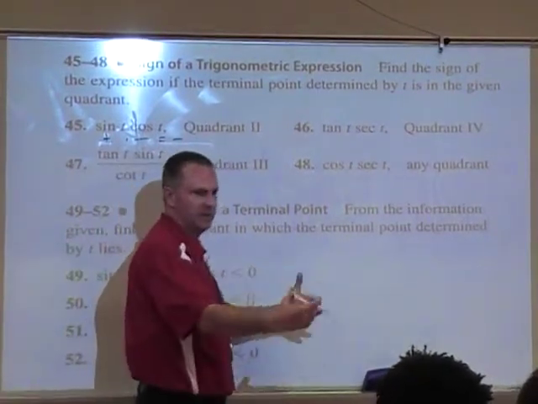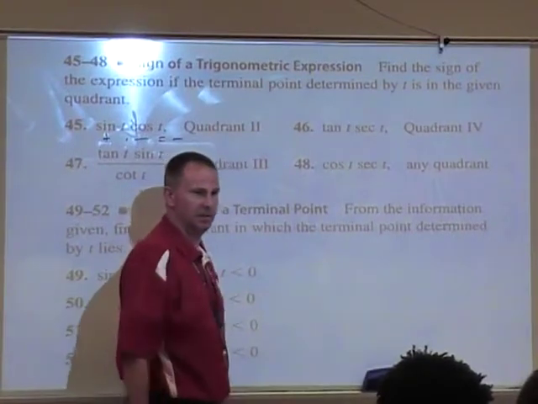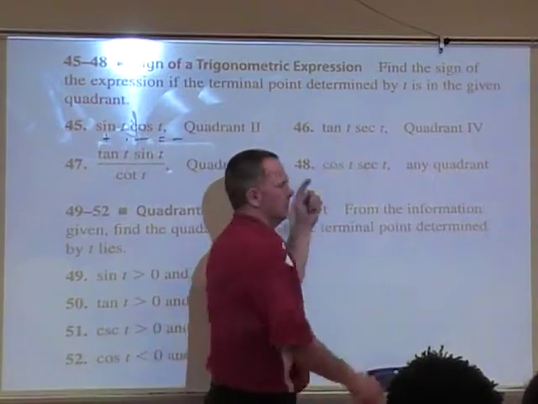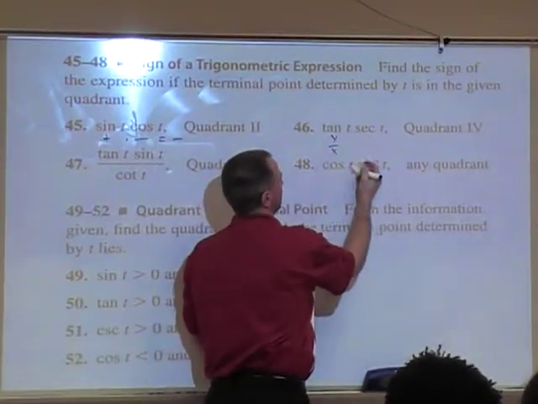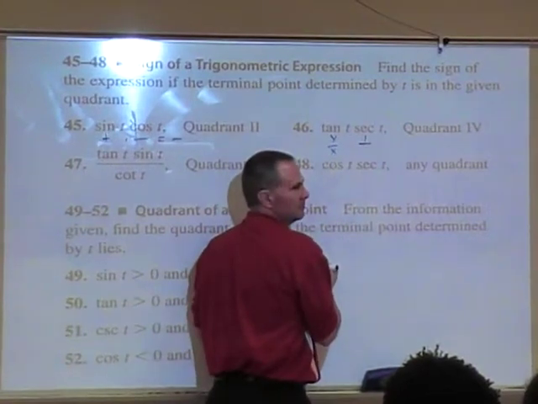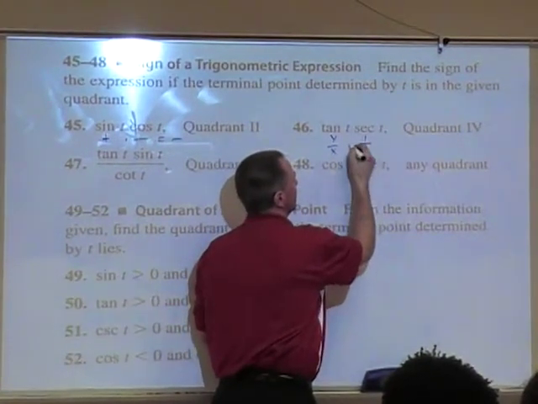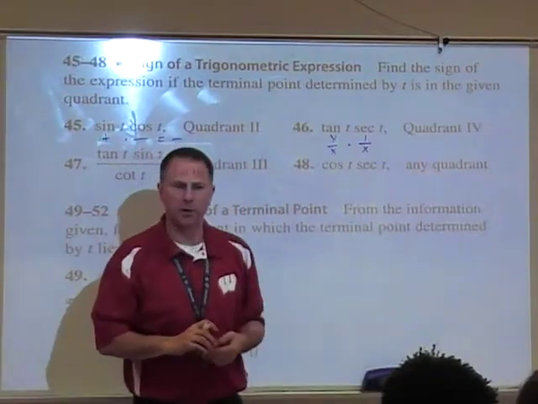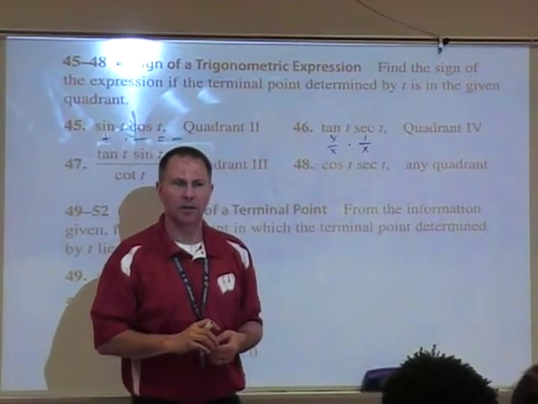We're working up to stuff, so you have to start with some baby things. Tangent is y over x. What's the secant? One over x. So we're in quadrant 4. What is the x value in quadrant 4? Positive.